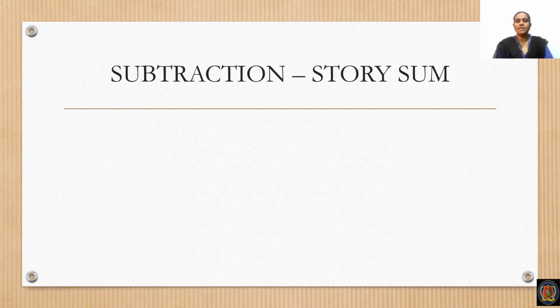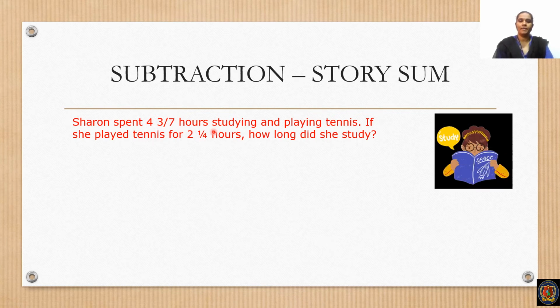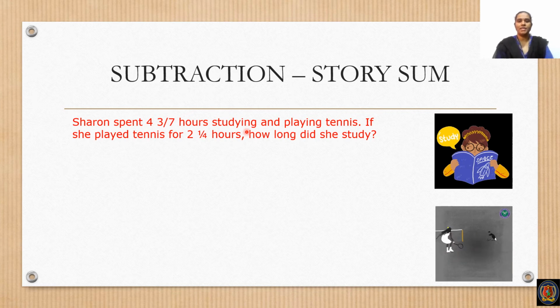Now let us see a story sum in subtraction of fractions. Sharon spent 4 3 by 7 hours in studying and playing tennis. So 4 3 by 7 hours she spent for studying as well as for playing tennis. If she played tennis for 2 1 by 4 hours, how long did she study?